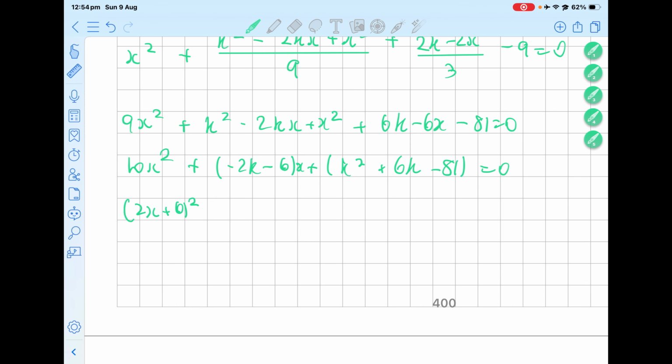Yeah, minus 4 into 10 into this whole quadratic expression in terms of k must equal 0.